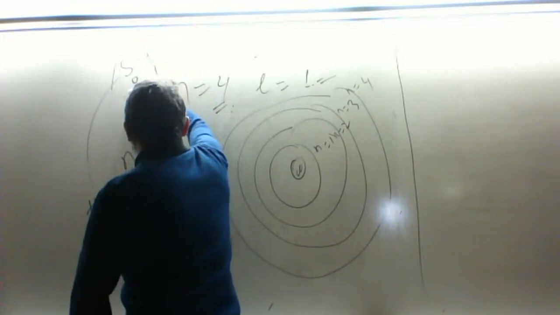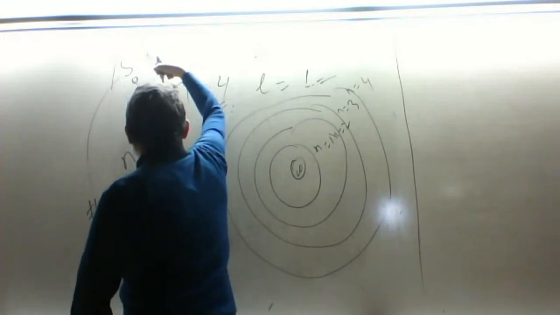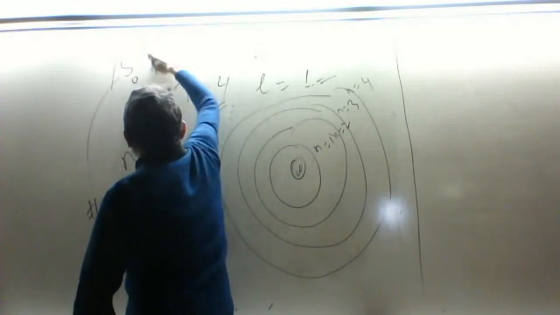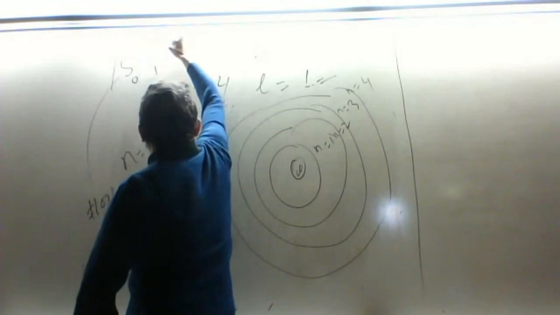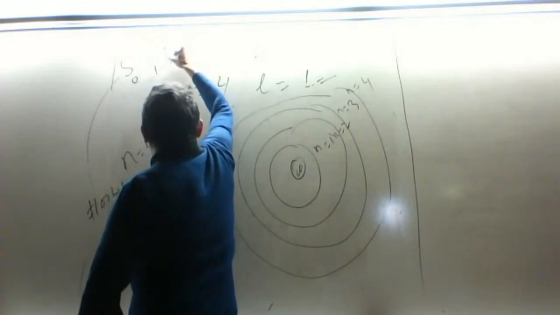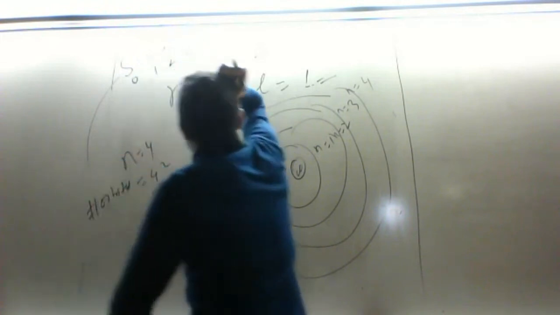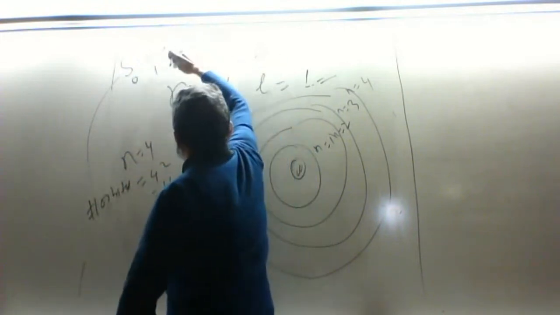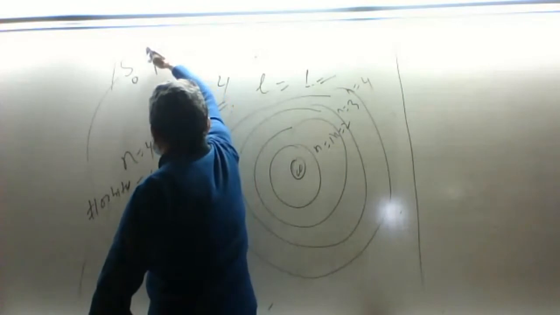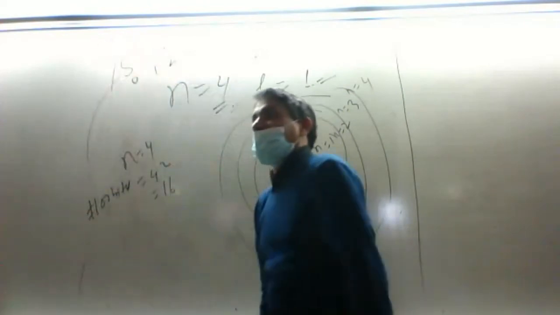If you have a 0, we give the name S. If you have a 1, we give the name P. If you have a 2, we give the name D. If 3 is for F, 2 is for D, 1 is for P, and S is 0. So that's how we name.